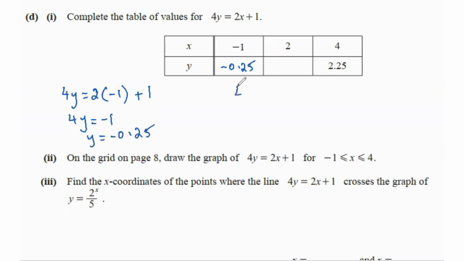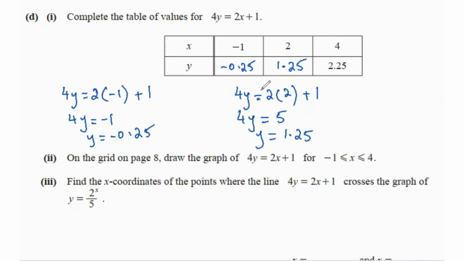Then for x equals 2, 4y equals 2 times 2 plus 1, which is going to be 4y equals 5, and y equals 5 divided by 4, which is 1.25. On the grid on page 8, draw the graph of 4y equals 2x plus 1.